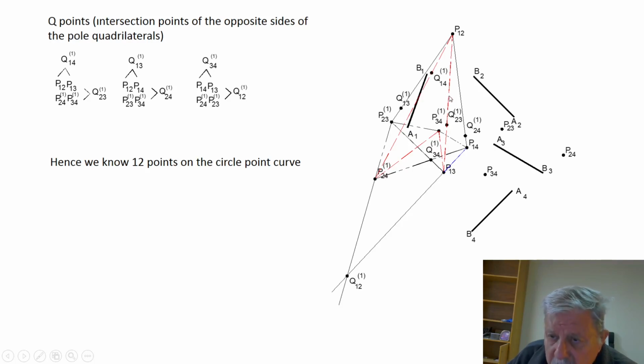Okay, this is side 1 from 2 to 3. This is side 3, 4, 2, 4, side 4 from 2 to 3. If I draw lines from these, they will intersect at this point.